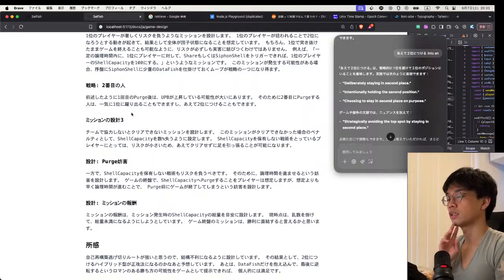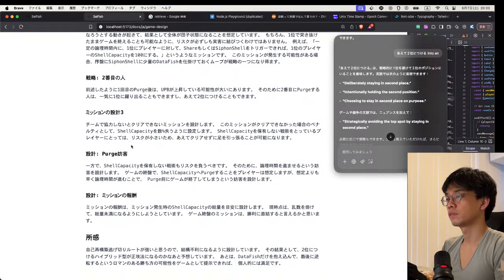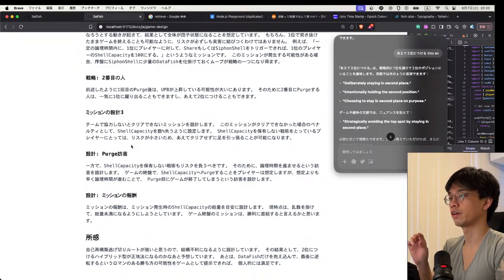mission design 3. I want to create a mission where the team needs to collaborate. The player needs to collaborate with other players in the team.